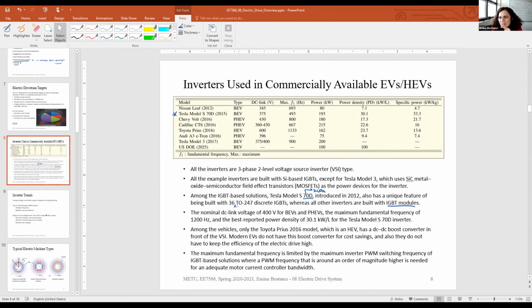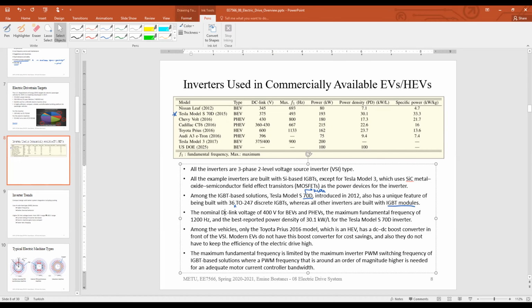Why do they need 36 of them? How can they decide on the value of 36? Maximum current. Exactly. IGBT modules can carry a high current, but this TO-247 most probably cannot carry such a high current, maybe around 10 or 20 amps.